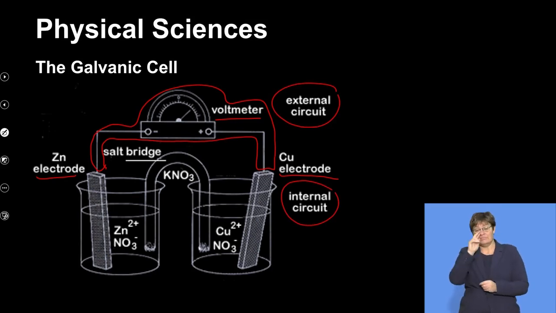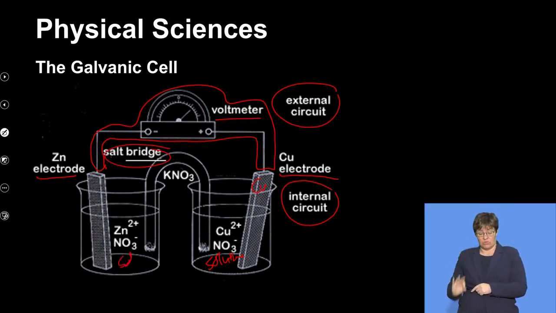And notice in this case, we've got a metal electrode, in this case it happens to be the copper, with a solution over here that's separated by a salt bridge. That's all part of the internal circuit.